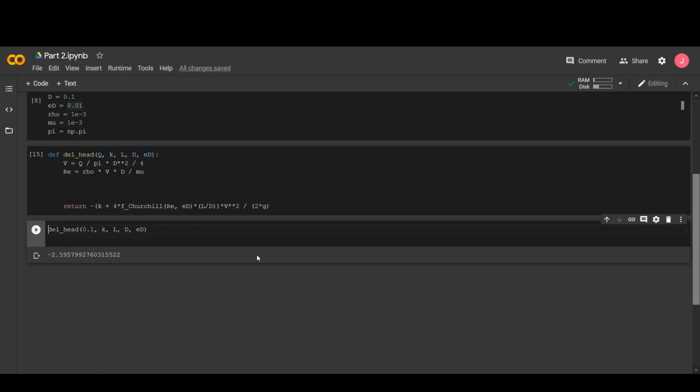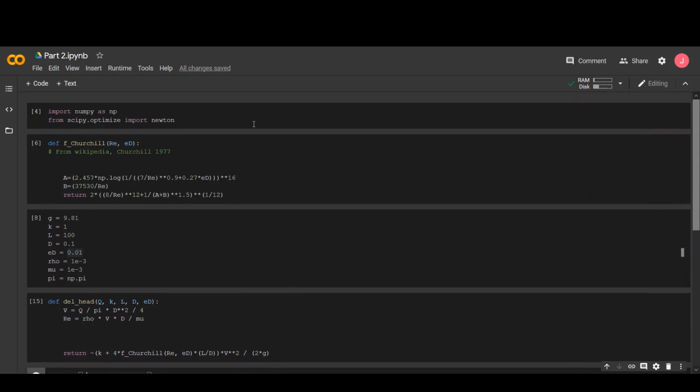So another thing to consider is if we have a negative flow rate. Well, let's see what happens. That looks a little weird. I don't like that.